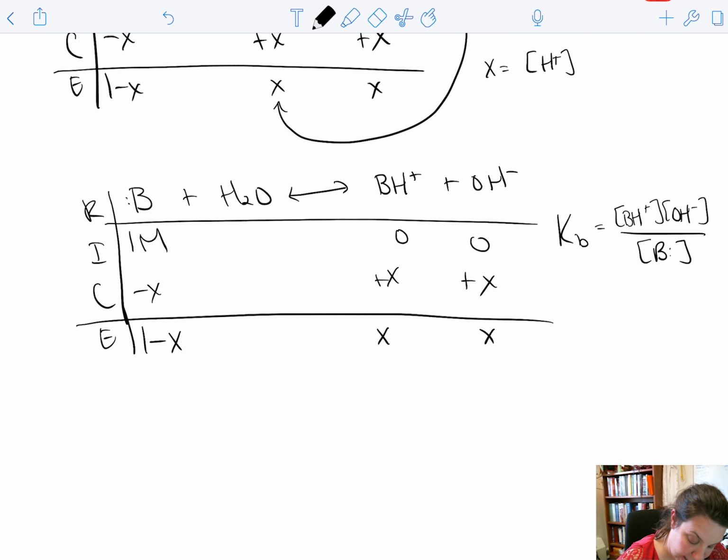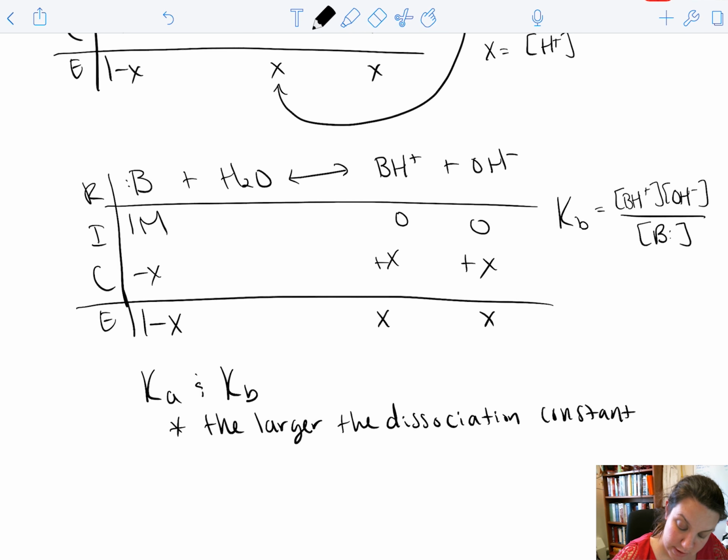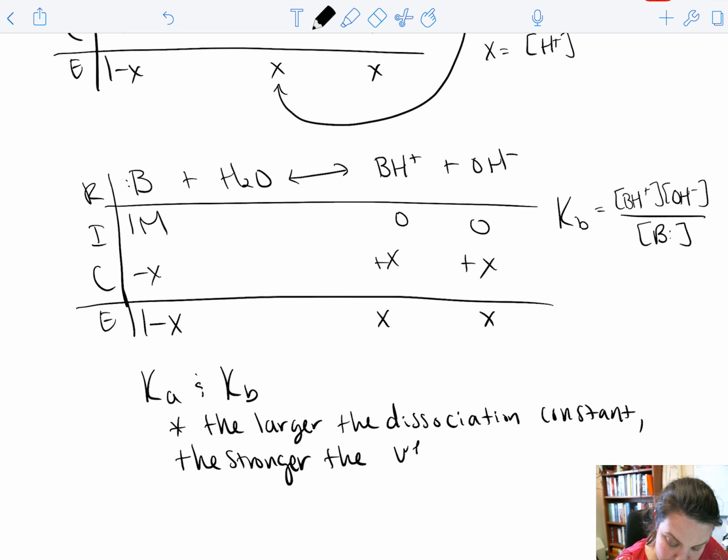The thing about Ka and Kb, the larger the value, the larger our dissociation constant or equilibrium constant, the stronger the weak acid or weak base.